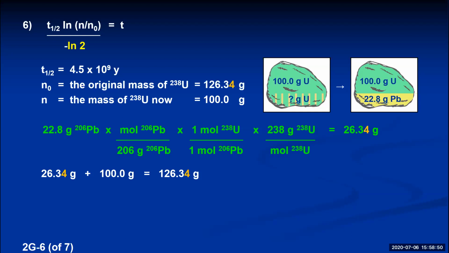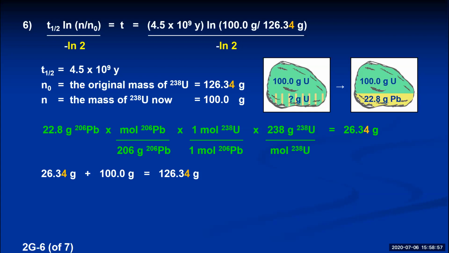So if that's the mass of the uranium originally, we now know all the variables to plug into our decay equation at the very top. And if we do this, we can calculate how long the decay process has been going on. And that turns out to be 1.5 times 10 to the 9th years. We would estimate that as the age of the Earth if we thought that the rocks were formed at the beginning of the formation of our planet.